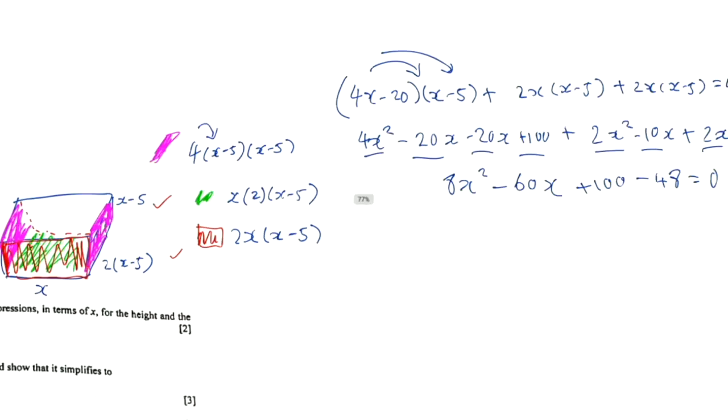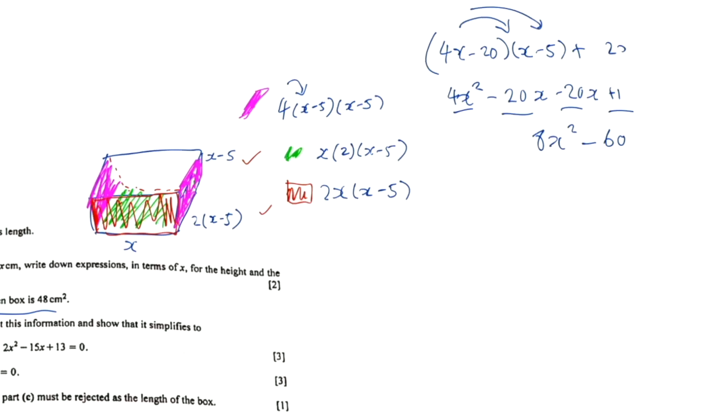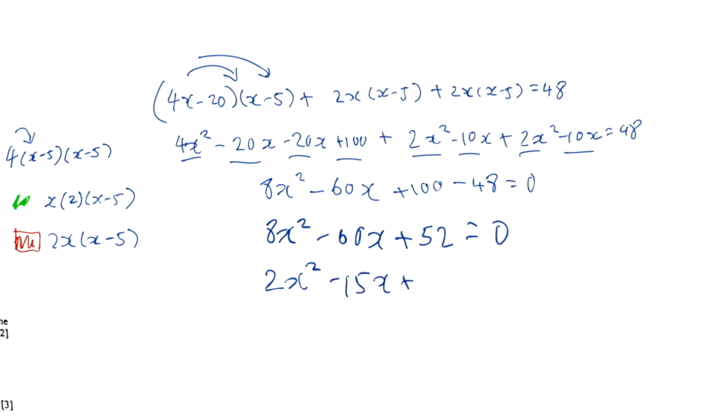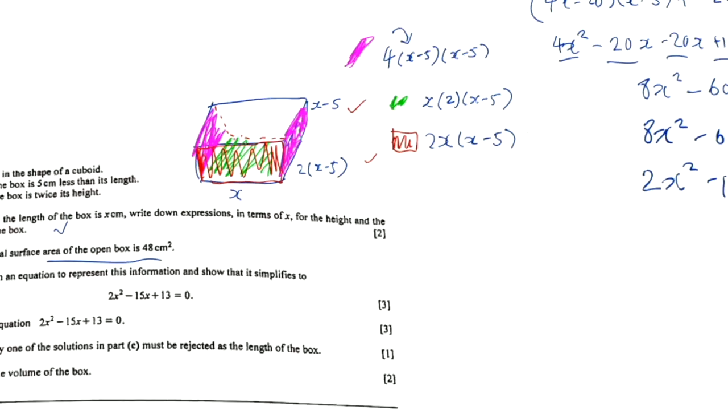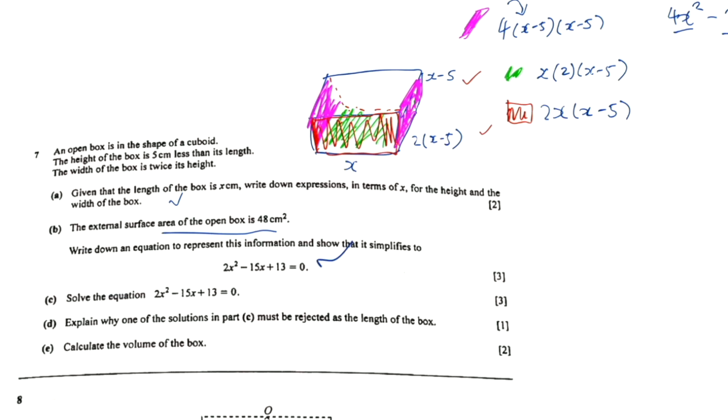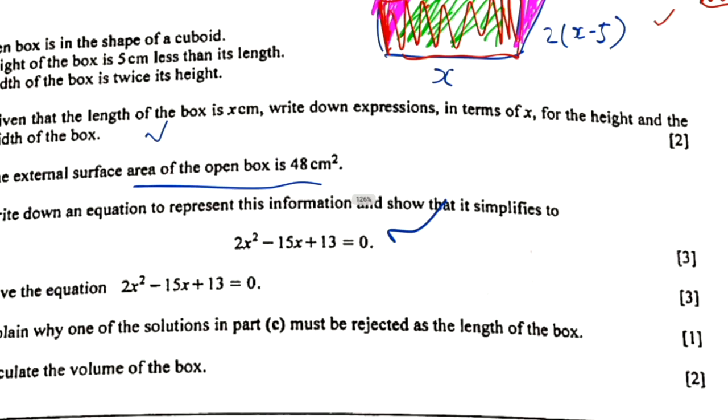What do they want? 2x squared... so this is 8x squared minus 60x plus 52. We divide by 4, so 2x squared minus 15x plus 13 equals 0. Can you see it's shown? Yeah, it's the exact same thing. Next, solve the equation.